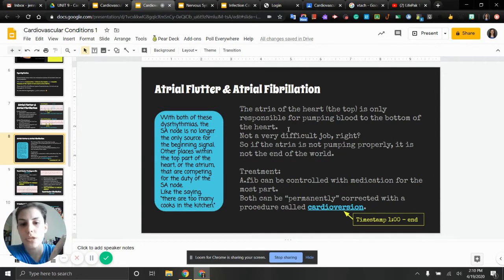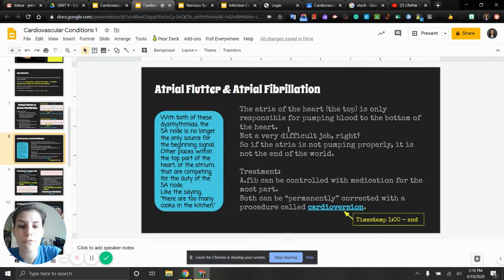Okay, so it's not as huge of an issue as if we're talking about troubles with the bottom or the ventricles. If the ventricles are not working properly, then that's a whole other ball game. Like that's life threatening. When you're talking about the top of the heart not working correctly, we can fix it with some minor things, and we're okay.